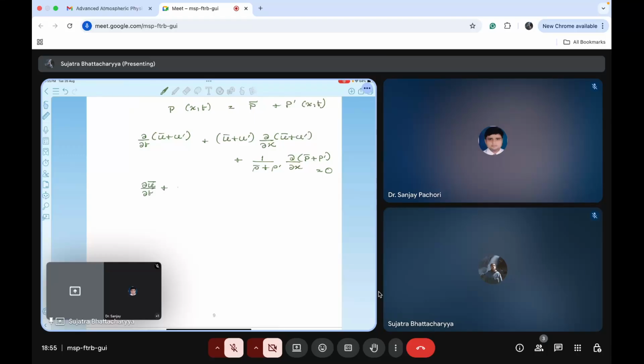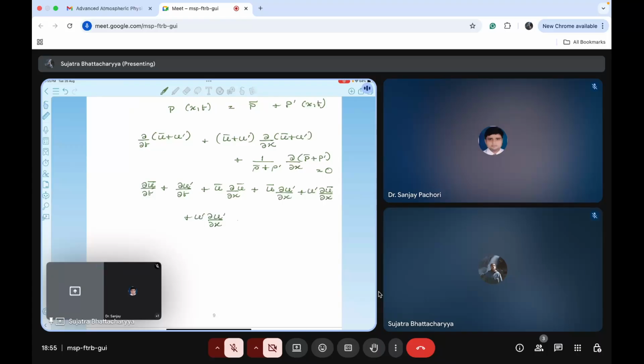Delta u dash by delta t plus u bar delta/delta x of u bar plus u bar delta u dash by delta x plus u dash delta u bar by delta x plus u dash delta u dash by delta x. I will recommend that whenever you do these kinds of calculations, write all the terms and then apply the perturbation technique. Okay, fine. Are we missing something?